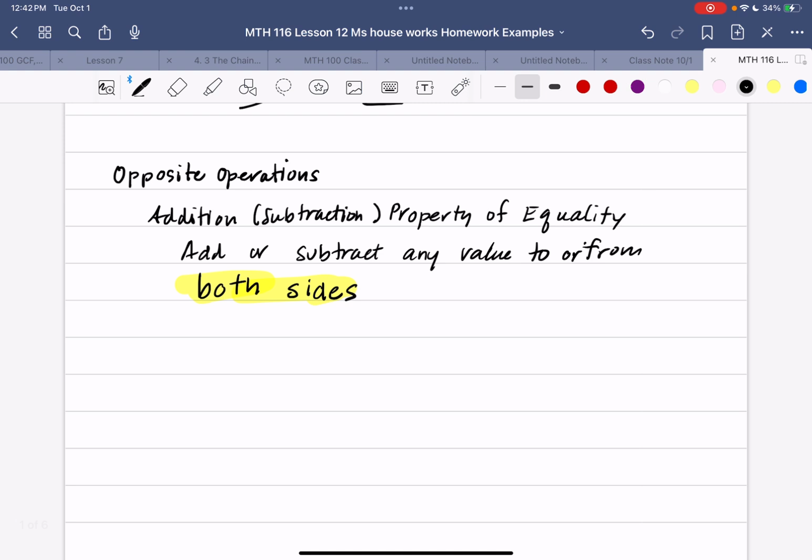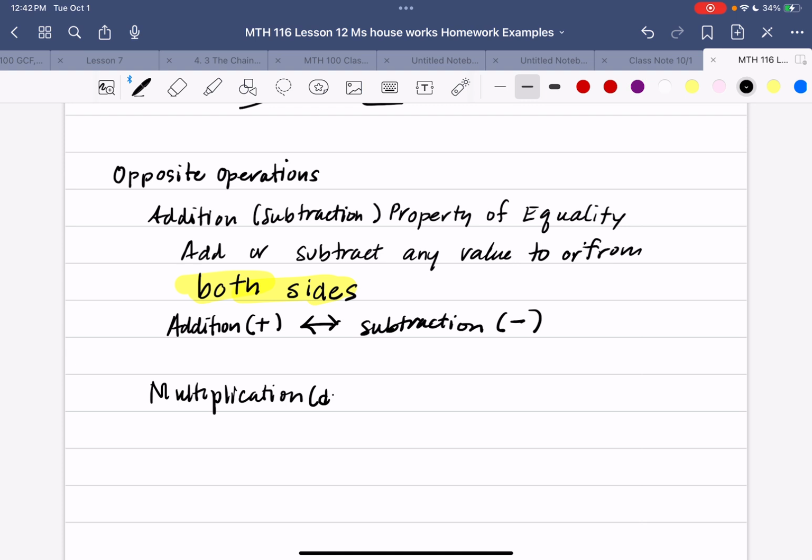So whenever you have something that's addition, remember that's going to be a plus sign. You're going to have to undo that with subtraction or a minus. So these undo each other. Now there is the multiplication property of equality, which goes along with division. And it basically says the same thing for multiplication and division with one exception.